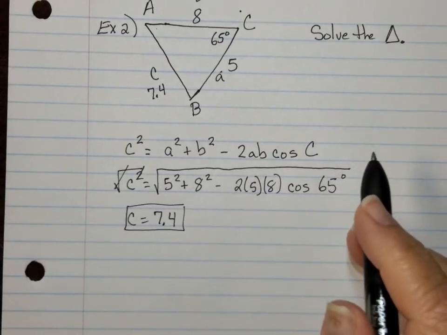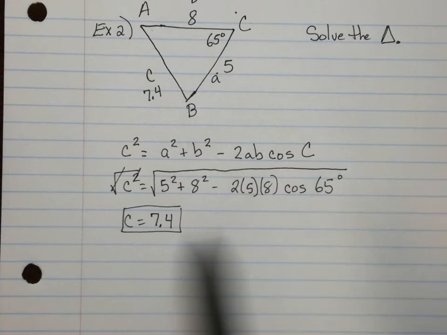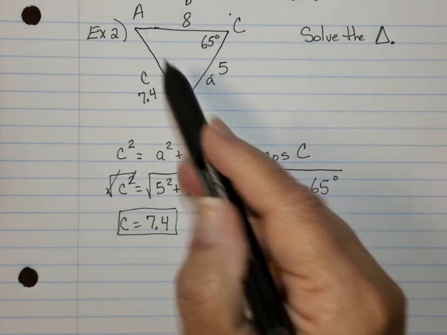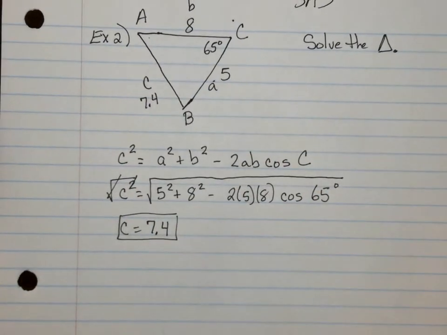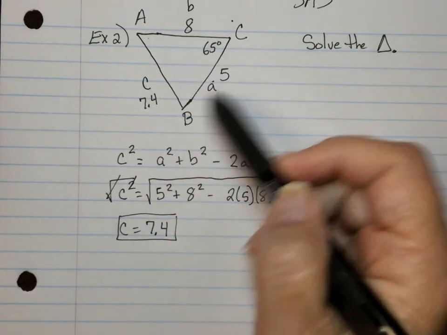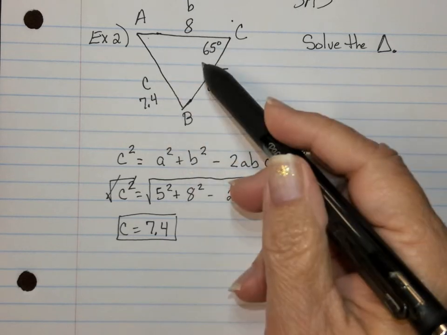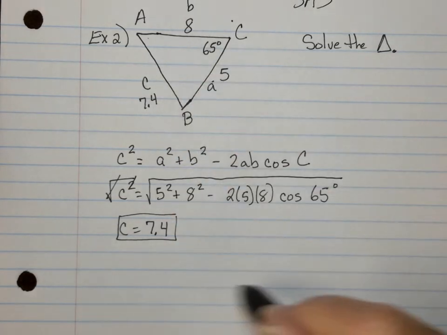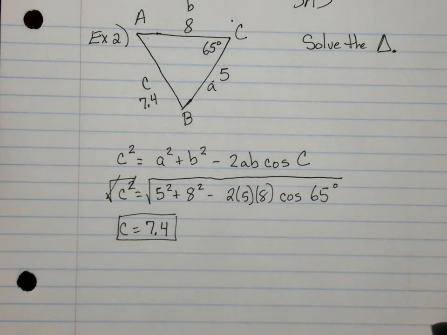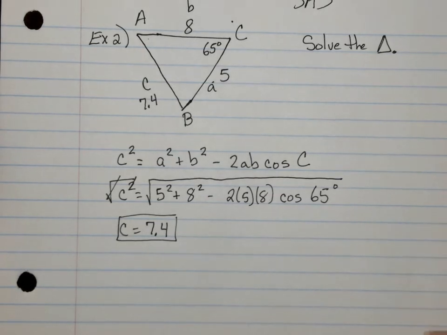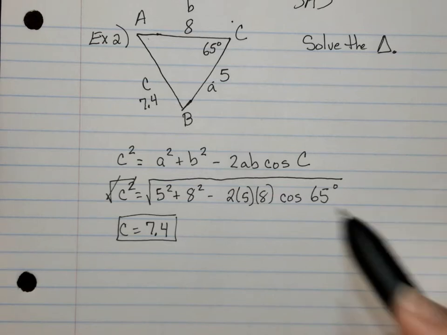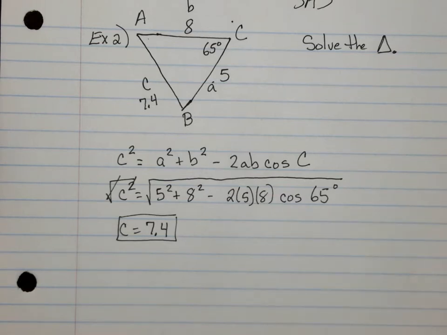So now that I have that bit of information, I still need to do angle B and angle A, but I've got choices now, right? I know all 3 sides, so I could use law of cosines. Law of cosines is kind of longer to write than law of sines. So if I want to do angle A, I would probably go with law of sines at this point.